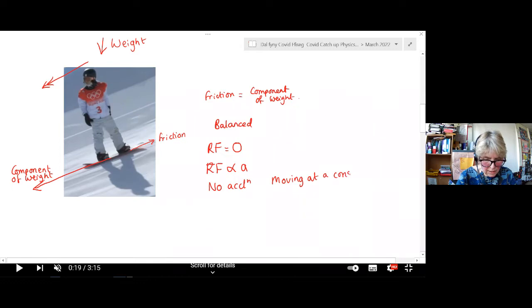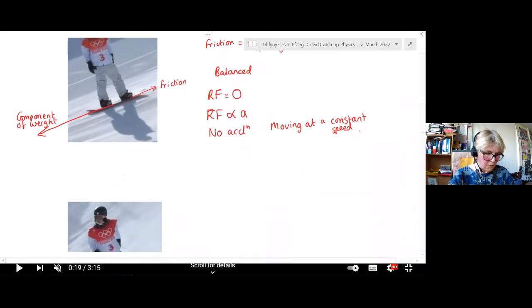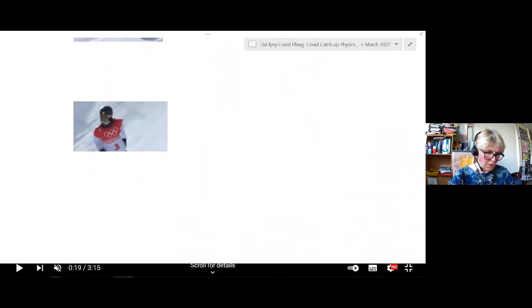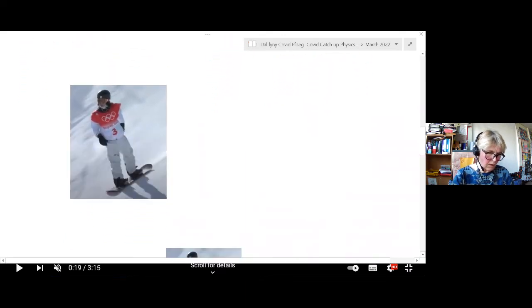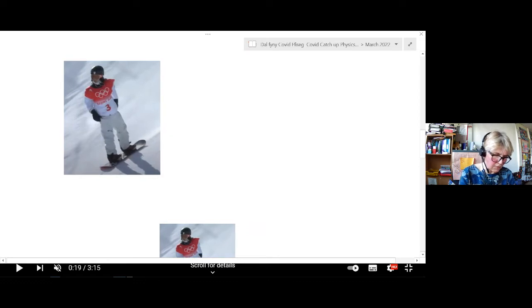Now let's see what happens if we ignore friction. He's speeding up a little bit more, going a little bit faster down the hill. So the component of the weight, I'll put component of the weight like this.